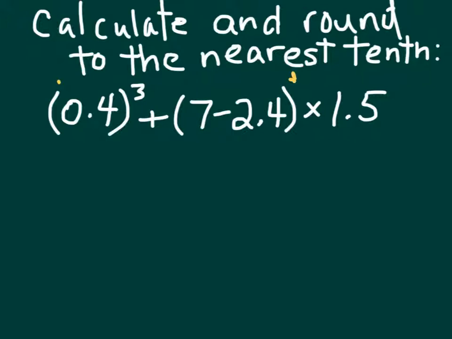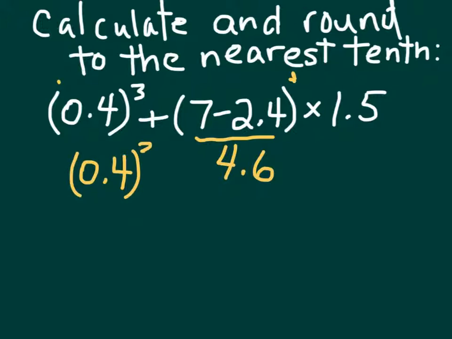And if you do that, you should probably be doing this subtracting that's inside the parentheses first. If you take 7 minus 2.4, you get 4.6. So then you have 0.4 raised to the third power plus the work that we've done here to get 4.6, and we still have times 1.5.